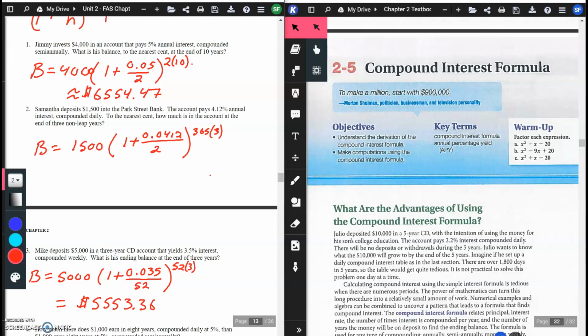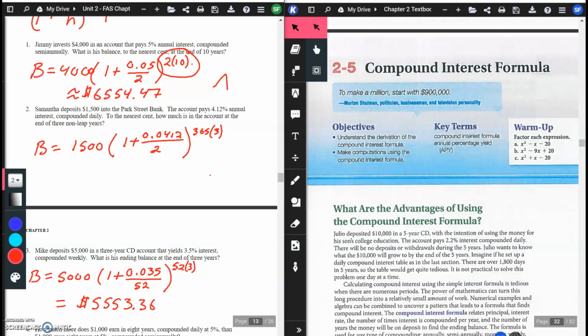That's twice a year, so over 2. And raise that to 2 times 10. N is 2, T is 10 years. Multiply all that out. Remember, this part here is a power, so use the up caret in your calculator, or however you use a power in the calculator. When you do that, your ending balance after 10 years would be $6,554.47.